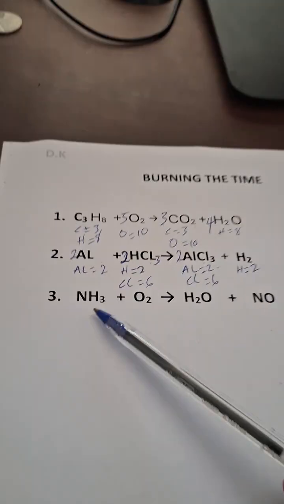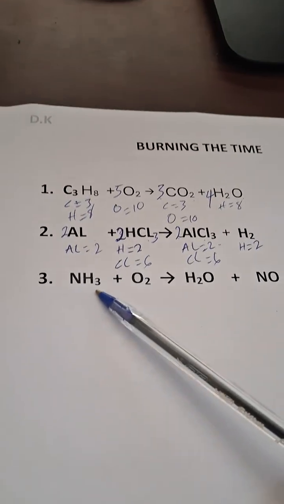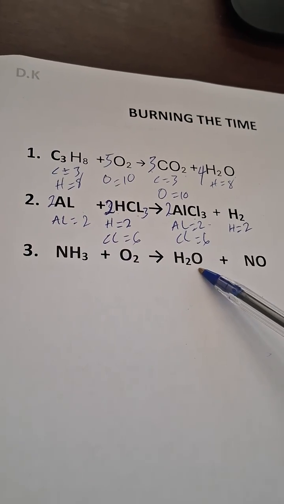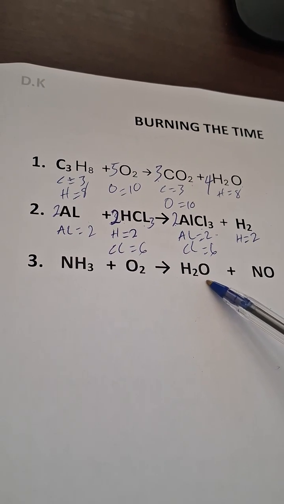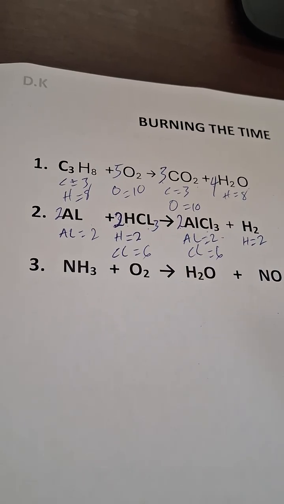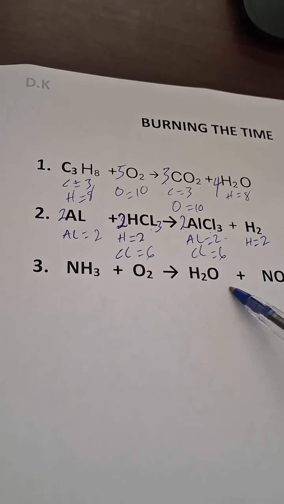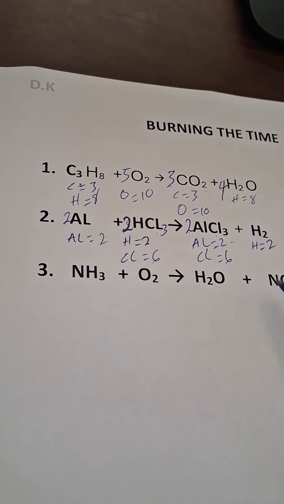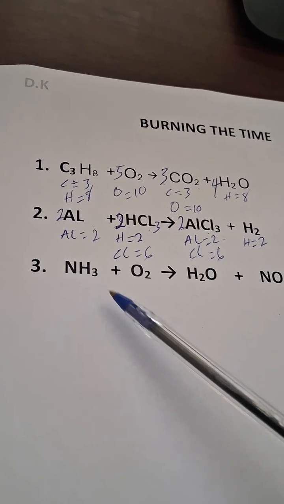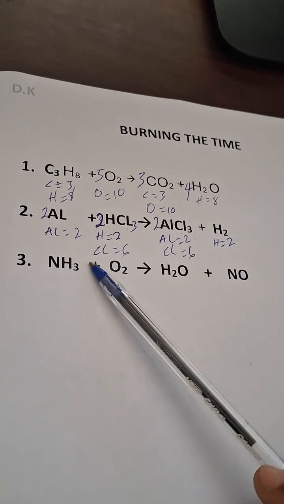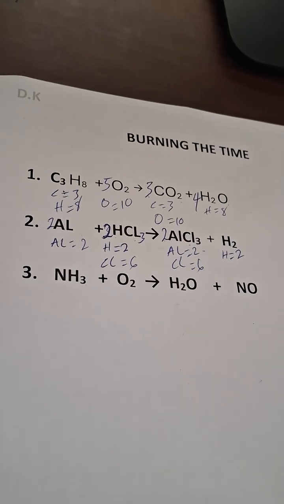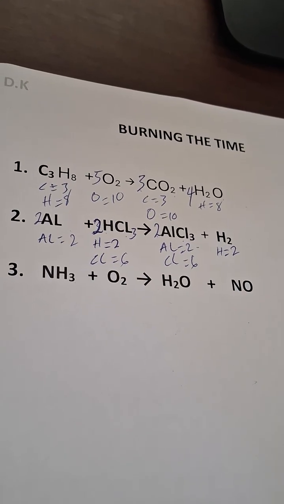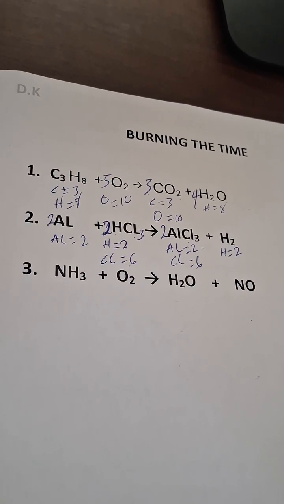Over here hydrogen is 3, over here hydrogen is 2. Then we have oxygen to be 2 here, and on the left hand side oxygen is also 2. But realize that the hydrogen on the left side is 3, and the one on the right hand side is in even form, that is 2. So what do we do in this form?